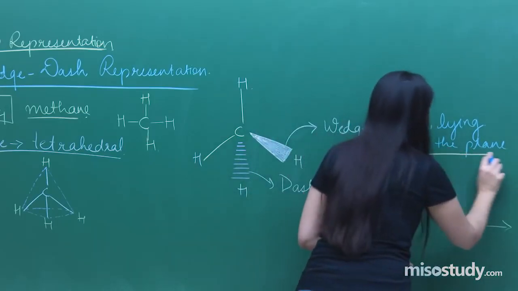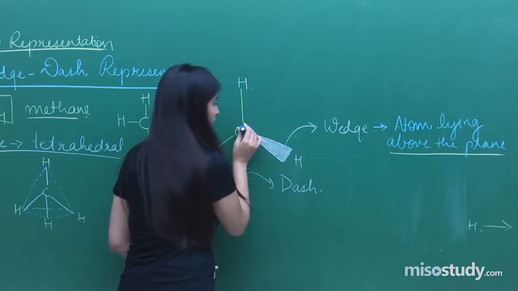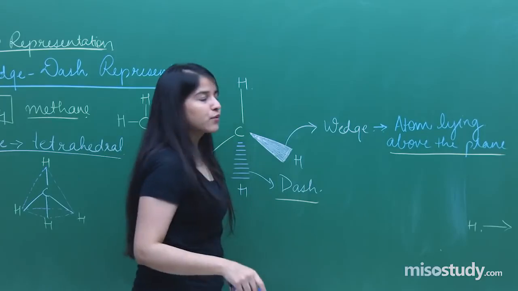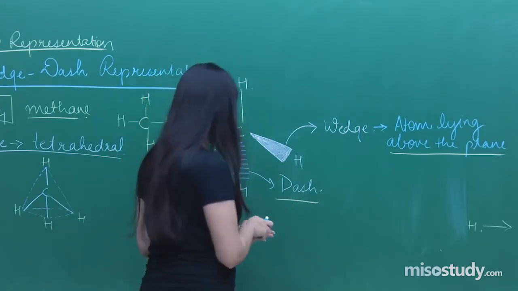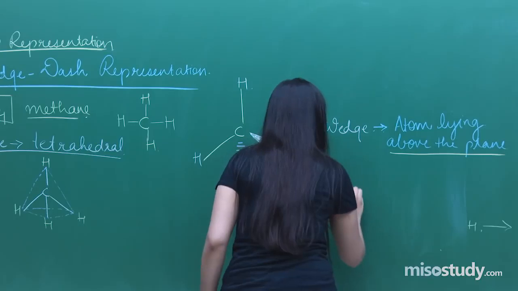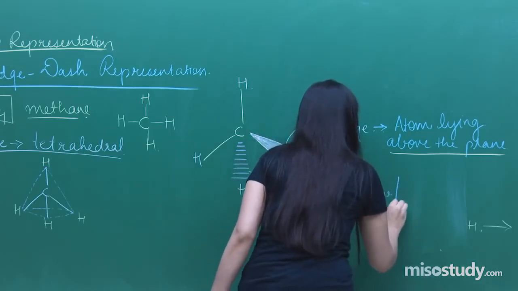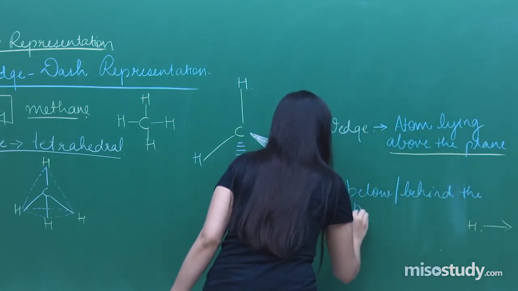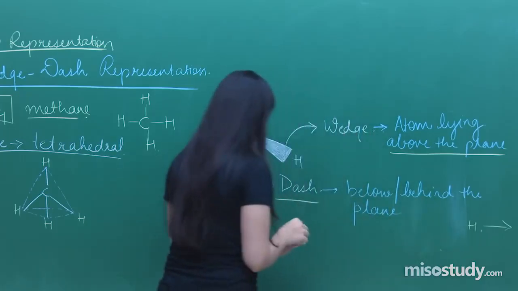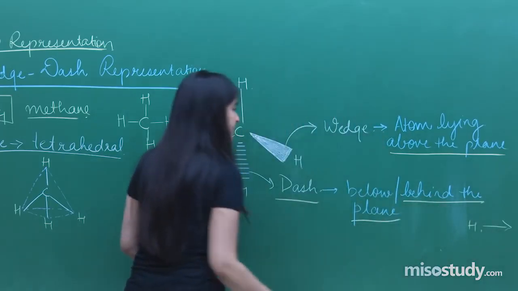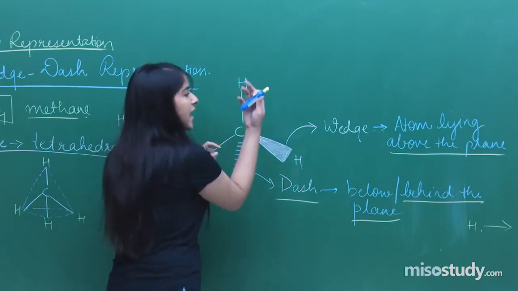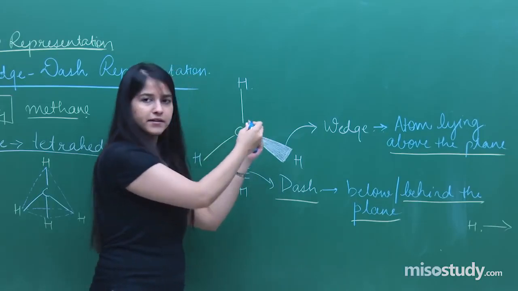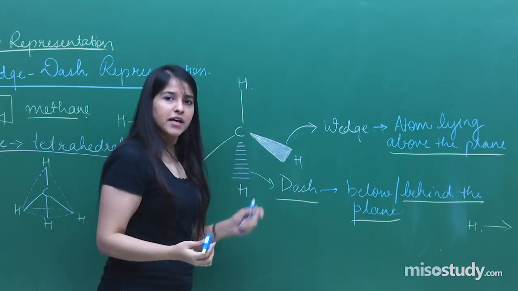And a dash represents something which is below the plane or behind the plane. That means lying away from you, behind that board, and it will always be lying in this manner. That means at this axis only it will be.